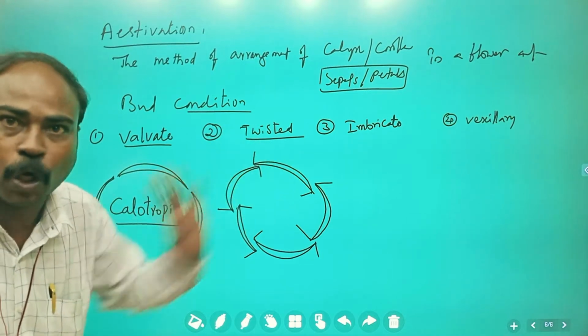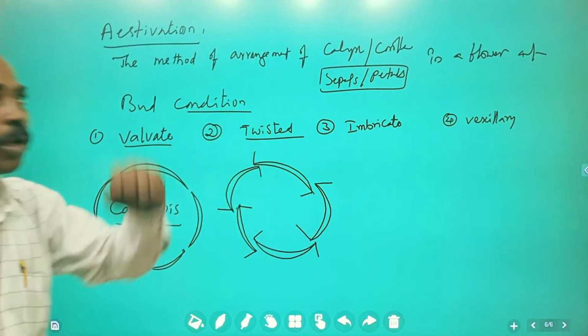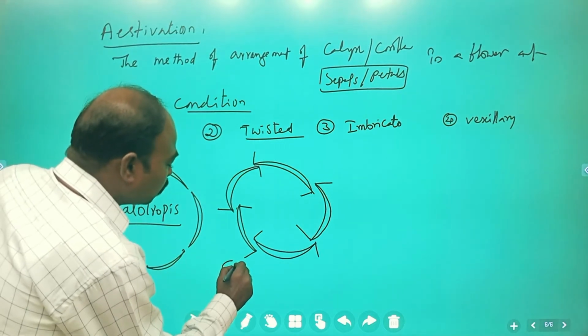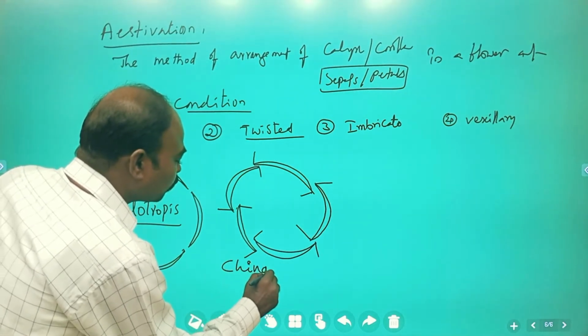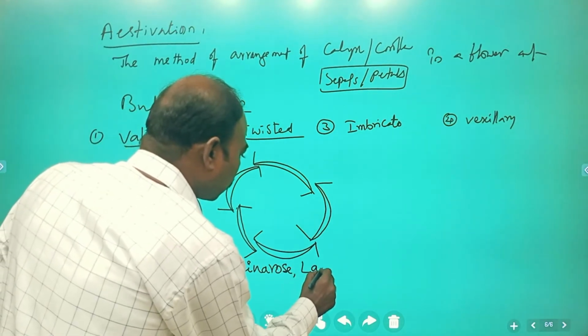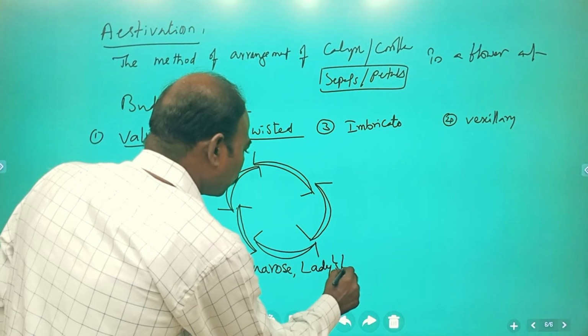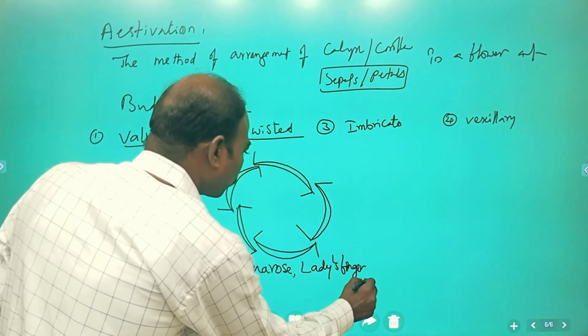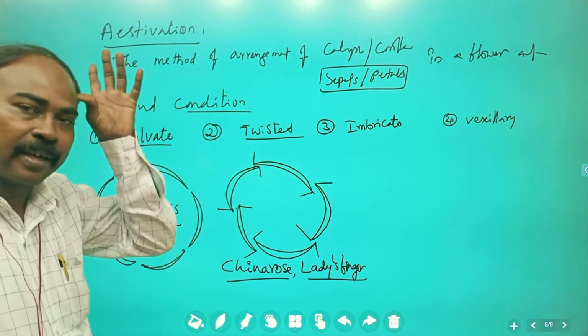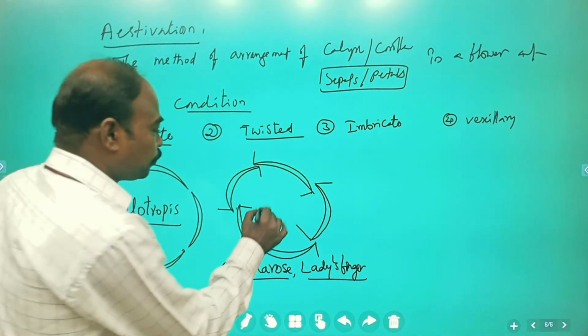Such an arrangement is called a twisted arrangement. It was found in China rose, lady's finger, and cotton also.